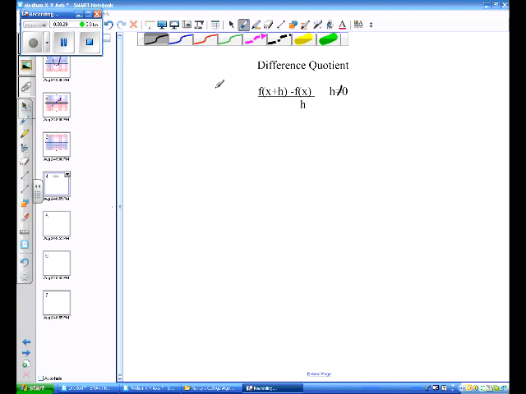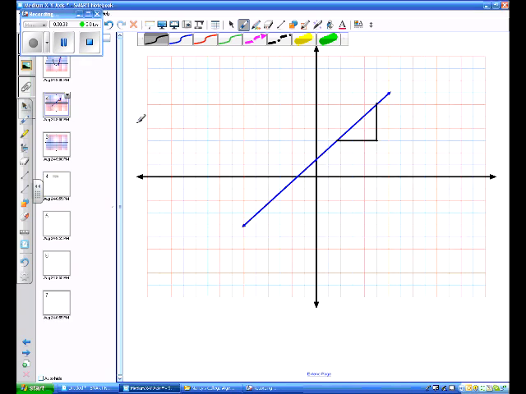Now, let's look at it in just a little different form. If we look at this as a graph, and we call this value right here our x, and then the distance from x to this value, let's call h.